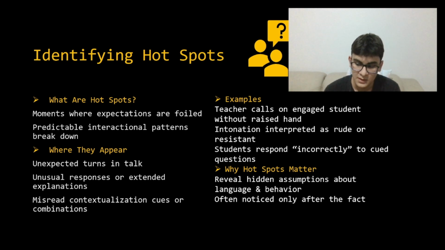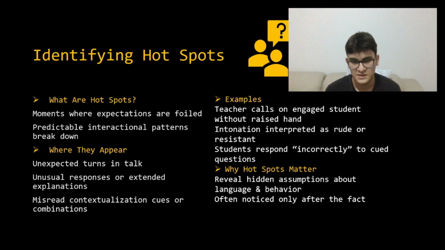Some people might misread what we're trying to say and take that as a negative opinion, which may cause these misunderstandings. We have students that respond incorrectly to cued questions. Teachers give us the answer cues sometimes, but we might still get those wrong. So it makes kind of this awkward moment in the classroom.